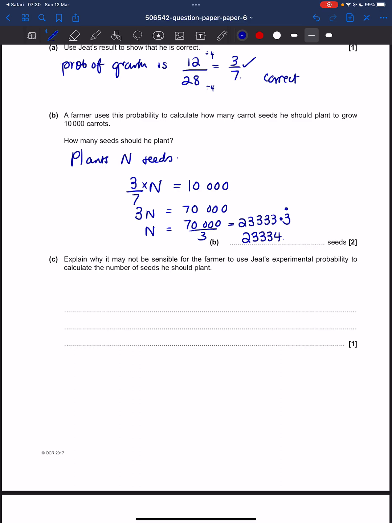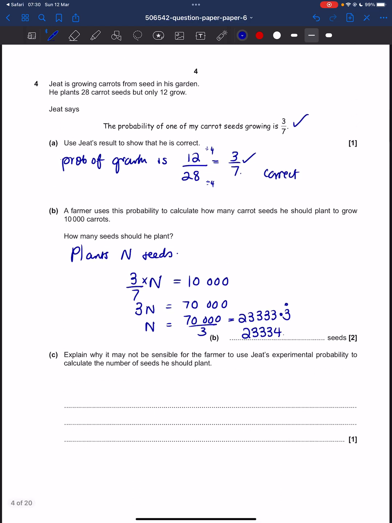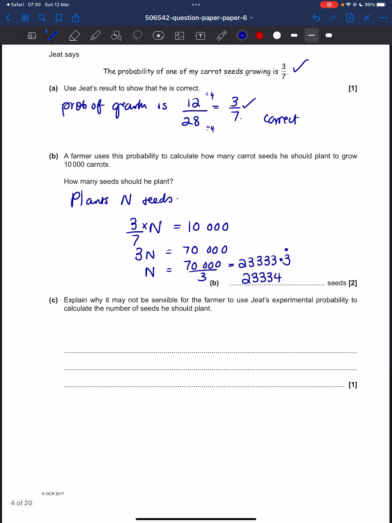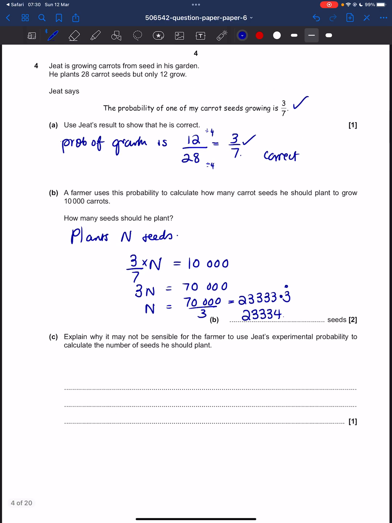Explain why it may not be sensible for the farmer to use Jeet's experimental probability to calculate the number of seeds he should plant. Well, Jeet's growing them in his garden, and a farmer might be using a big field.